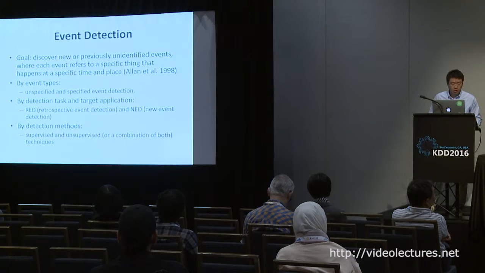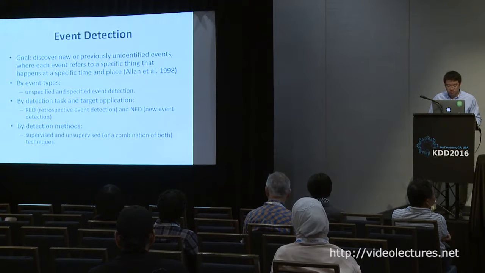If we look from the perspective of detection task or target application, we can categorize the existing event detection algorithms into RED, which is retrospective event detection, or NED, which is new event detection.